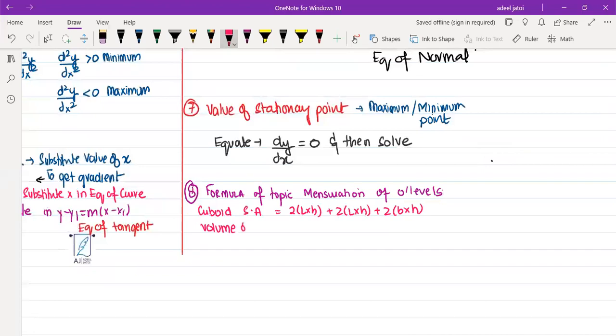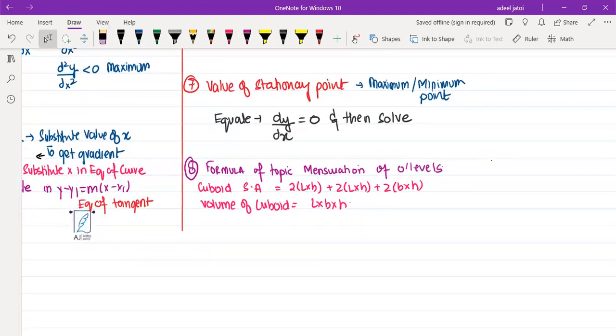Volume of cuboid is also used, that is L into B into H. Similarly, the examiner can ask you the area of a circle, which is pi r square, semicircle, which is pi r square upon 2, and rectangle, which is length into breadth.